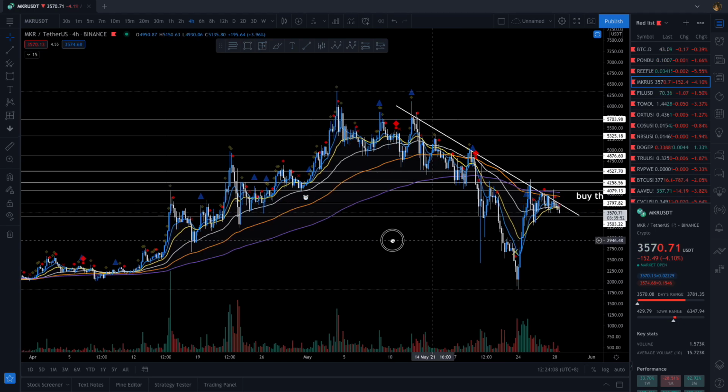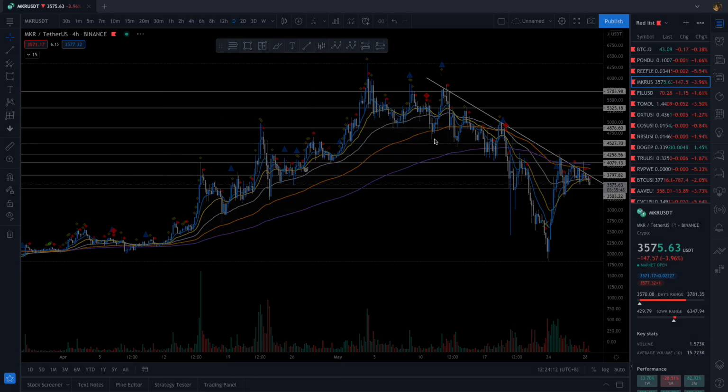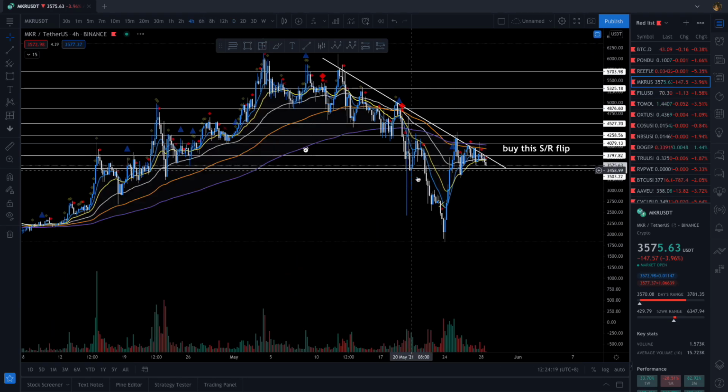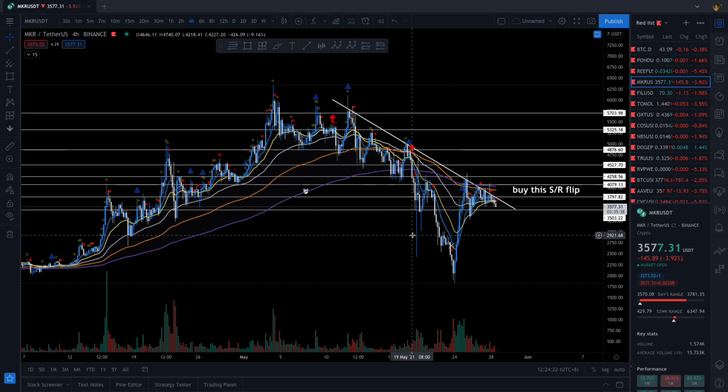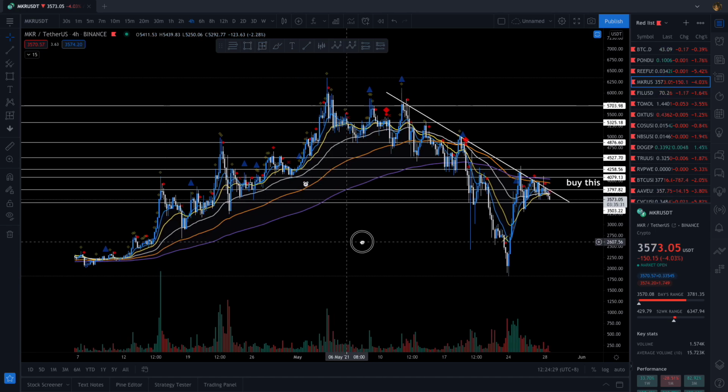Because when traders look at the 200 EMA, what they see is a macro level support, right? If price were to break below the 200 EMA, you're in for some deep trouble, okay? So, for lack of a better word, I would say it is the strongest EMA that you should pay attention to.